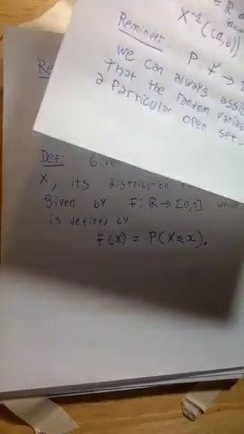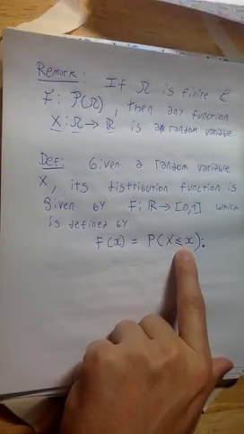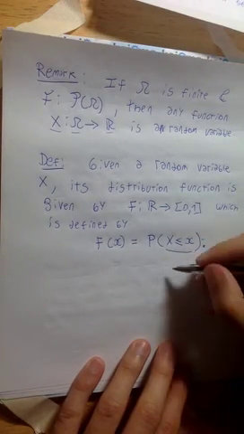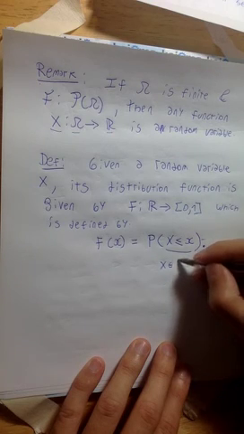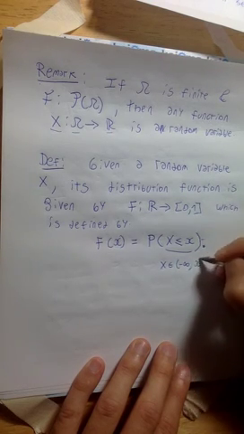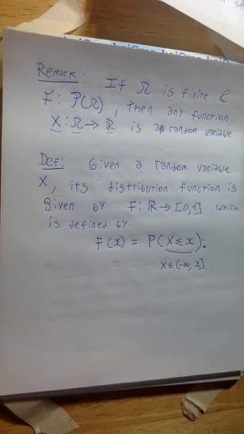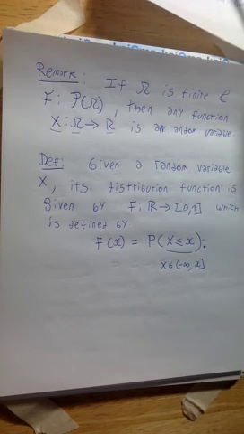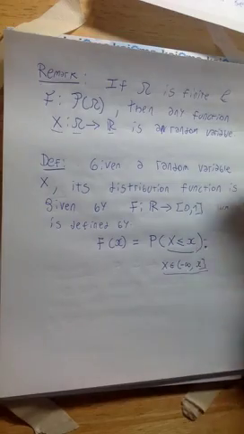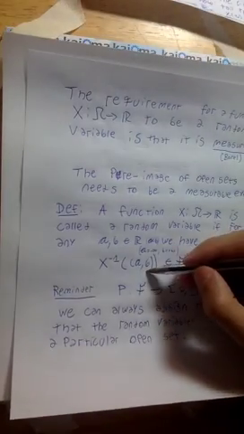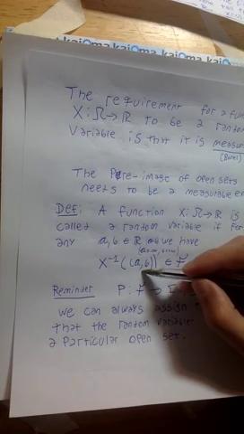So one thing one could ask is, here I'm taking a closed set, x in (minus infinity, x]. So a question would be, if we are able to assign a probability to an open set, can we actually assign it to a closed set? And the remark should be that if you can assign a probability to the open sets, then you will be able to assign the probability of the closed sets by the complements.